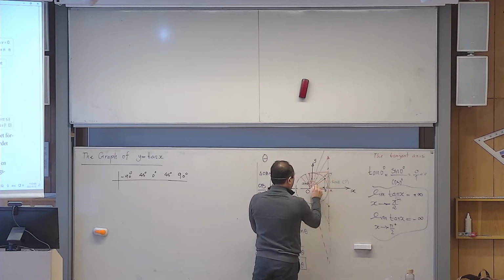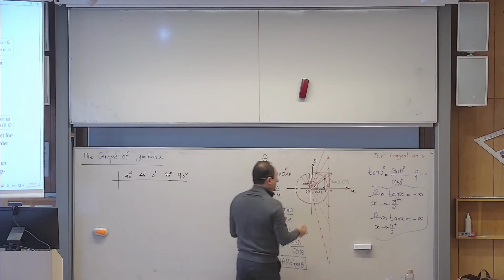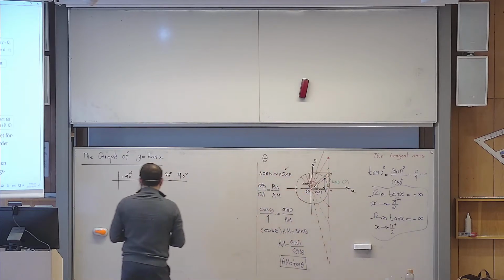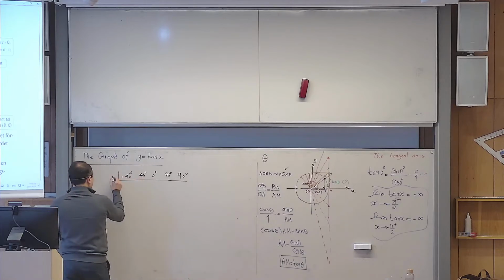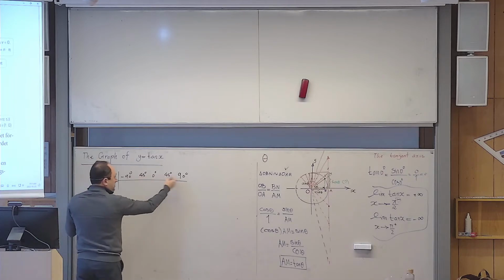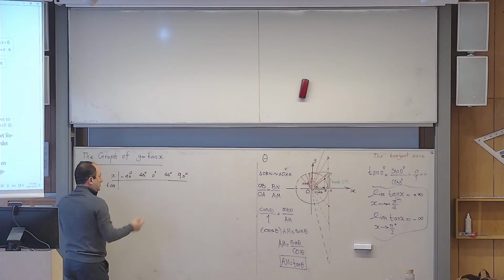So this length is equal to this length, and this length is 1, so this is also 1. This is why tangent of 45 degrees is 1 from this picture. Anyway, it doesn't matter that much. So here I have x, here I have tangent. Of course, I have other famous angles, but drawing them on the picture is not that easy. But 45 is very handy.